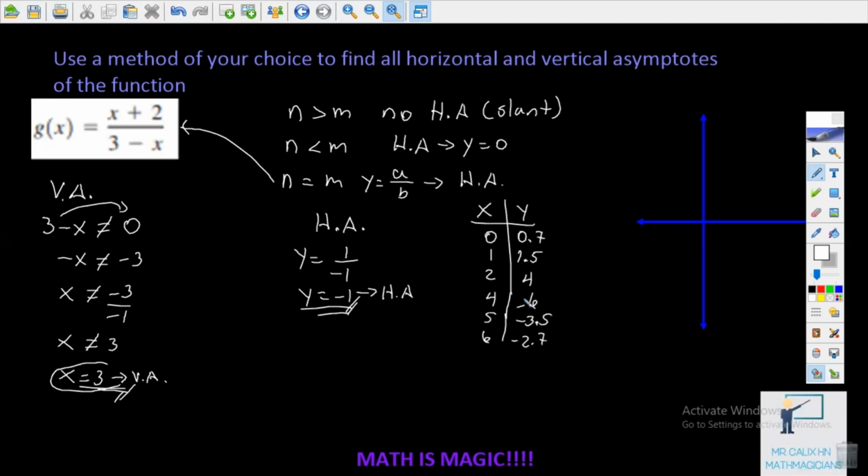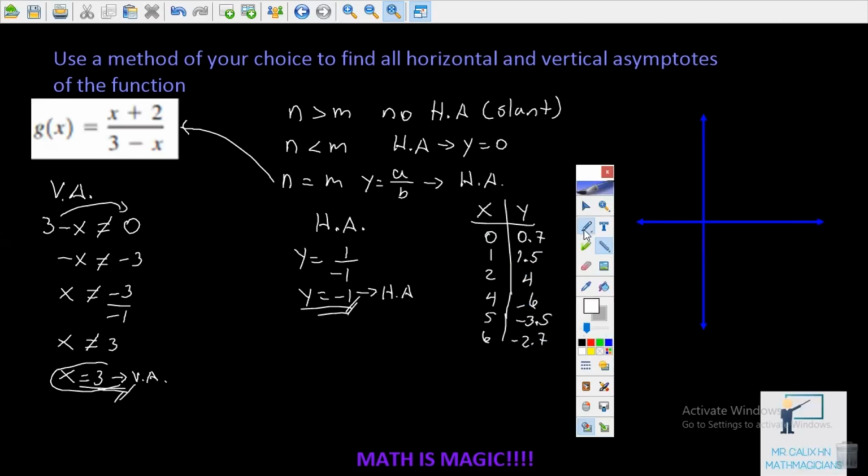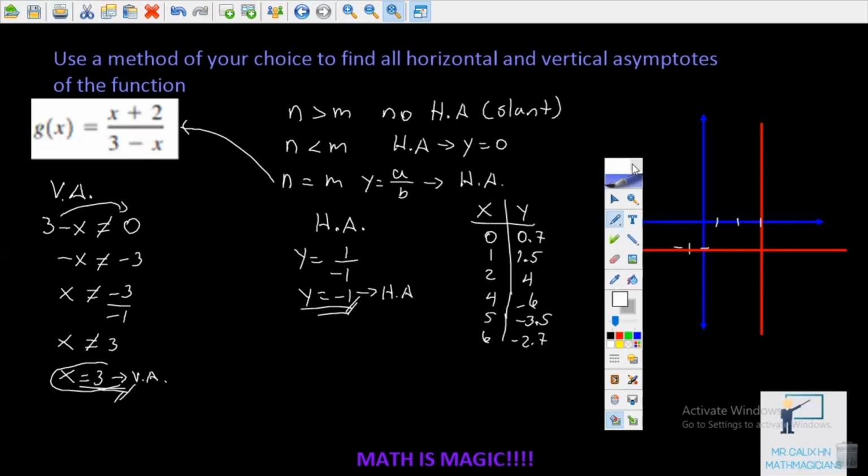So let's make our graph here. I cannot intersect 3 on x, so 1, 2, 3. I cannot intersect this line because it's an asymptote, 3 here. And we cannot intersect negative 1 either. So let's use negative 1 here, and let's make our line there. Those 2 lines cannot be intersected because they are asymptotes.